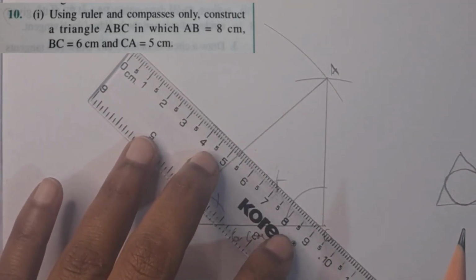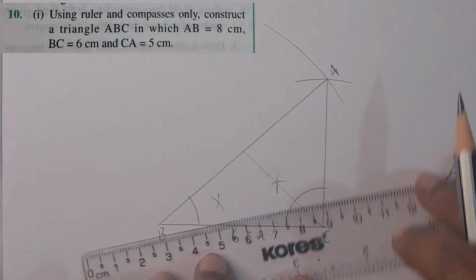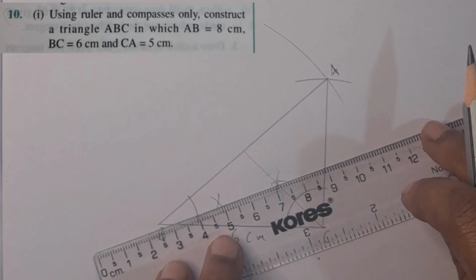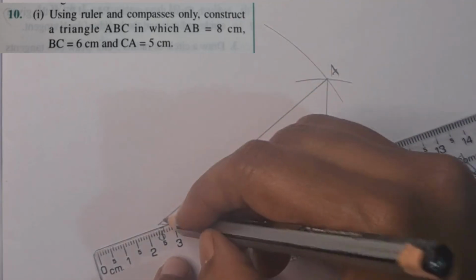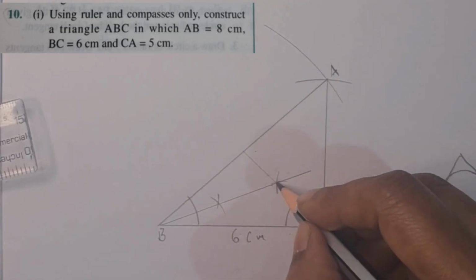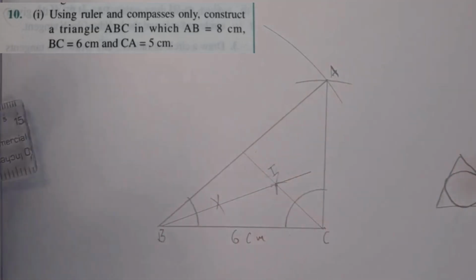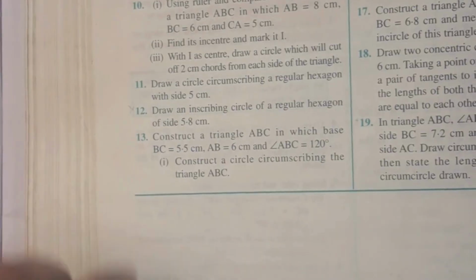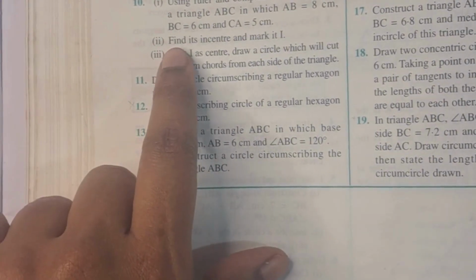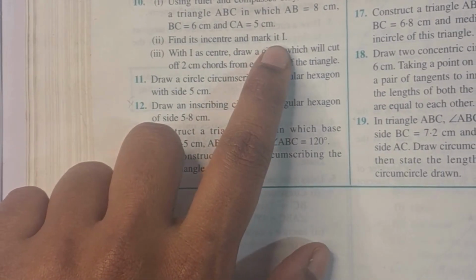From C draw one line and from B draw one angle bisector. Where these two lines intersect, we have to mark I. See our problem: second problem, find its incenter. We drew the incenter and marked it I.